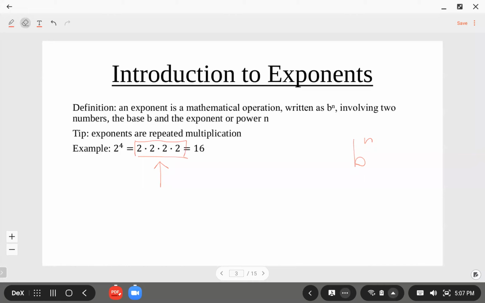So let's do another example. Let's say 4 to the 3rd equals, what does that equal? 4 times 4 times 4. Multiply 4 by itself 3 times. And that equals 64.